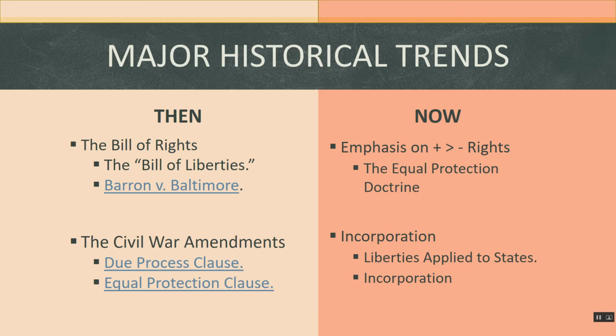But again, in the early 1900s, the Supreme Court begins to rely on the 14th Amendment's Equal Protection Clause to create new legal doctrines. In this case, they're going to create the Incorporation Doctrine, applying the Bill of Rights against the states. Because remember, the 14th Amendment's Equal Protection Doctrine says that states shall not deny equal protection on the basis of skin color.